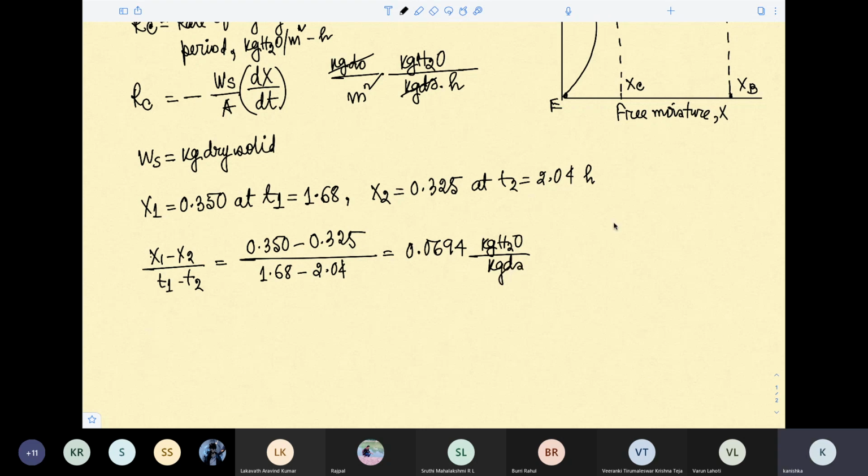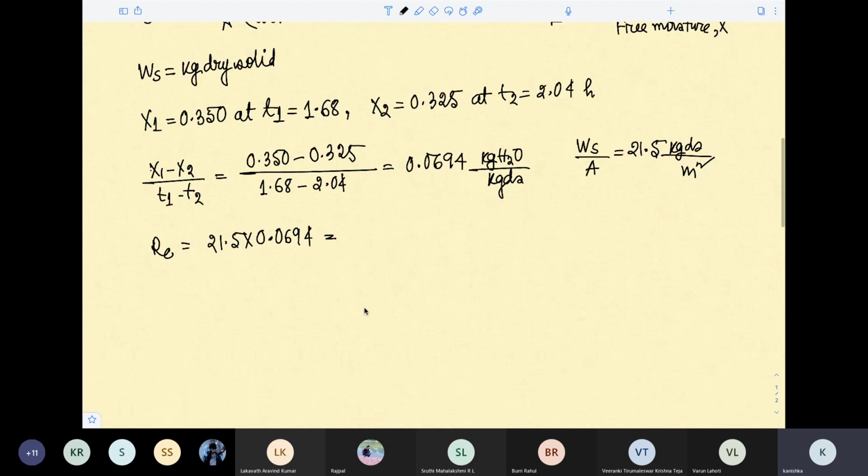Let's say Ws by A equals 21.5 kg dry solid per meter square. So you can easily calculate the RC value, the rate of drying: 21.5 multiplied by 0.0694.